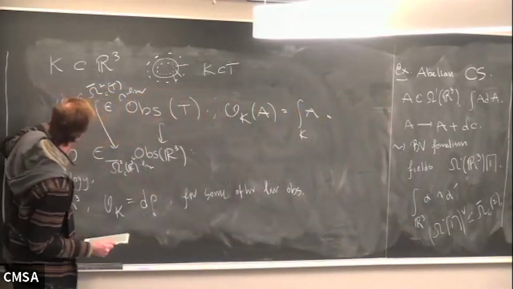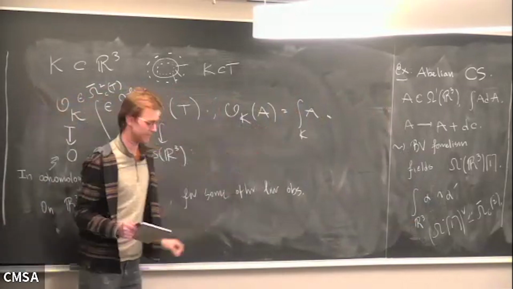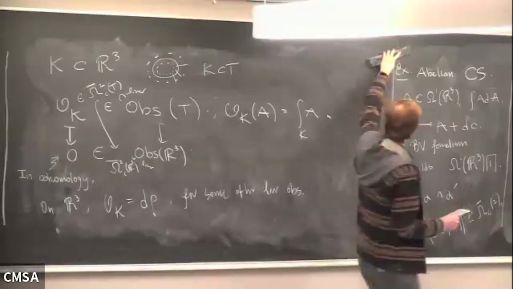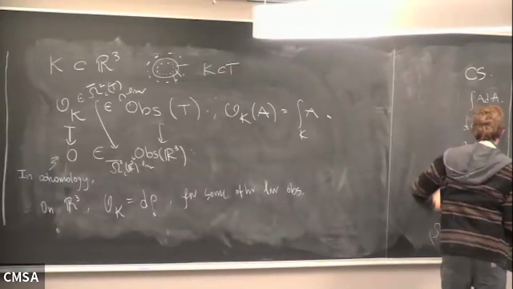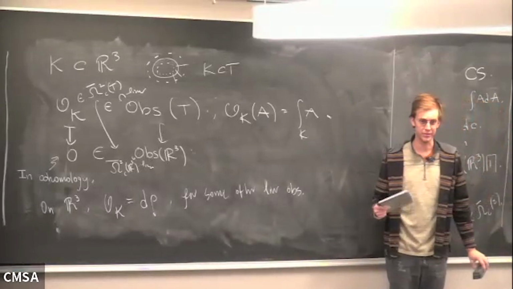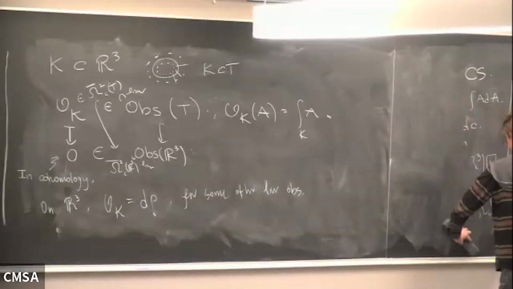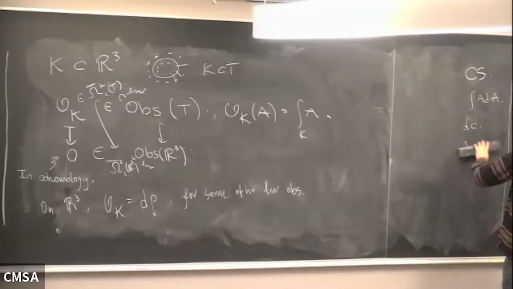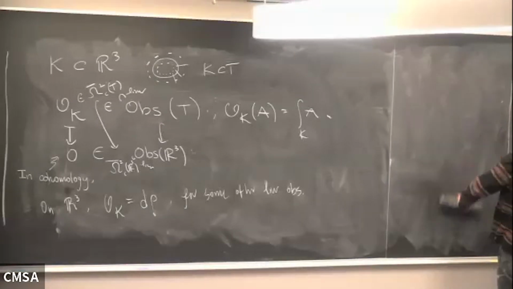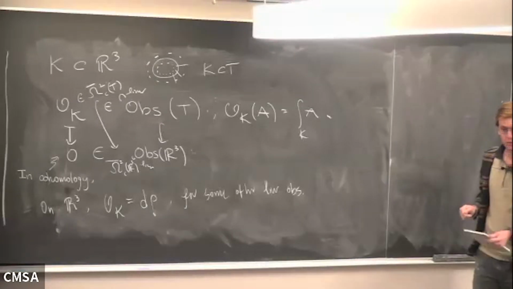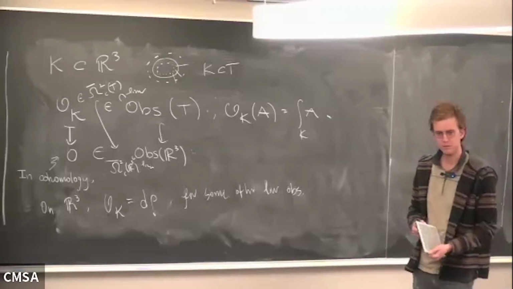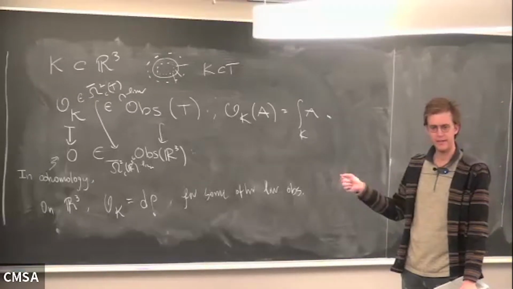It's just linear in the field. When I say observables, I always mean polynomials on the fields or power series on the fields. Not doing anything interesting analytically in that sense.